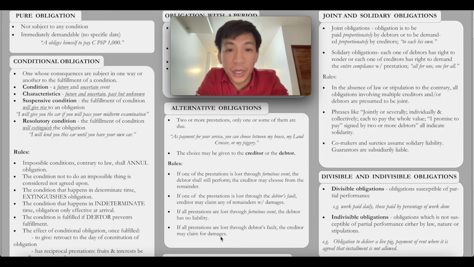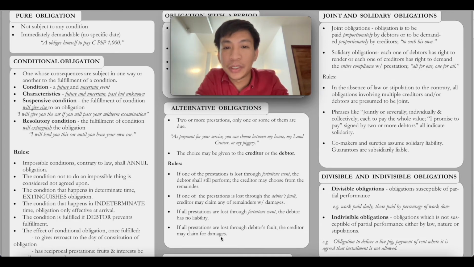Yung mga pwedeng partial ang performance. For example, yung arawan na trabaho, that is a divisible obligation in a sense na yung bayad accrues on the day, every day. Kumbaga per araw ang bayaran.